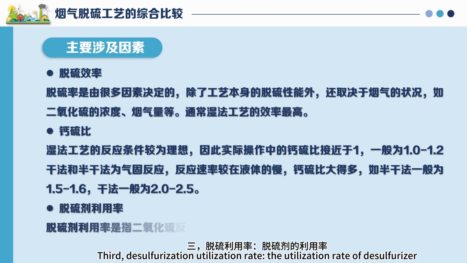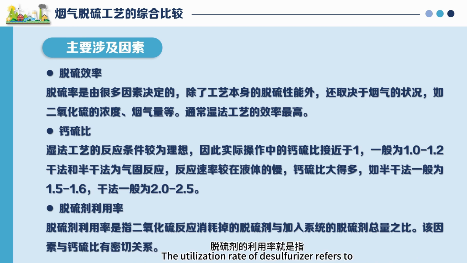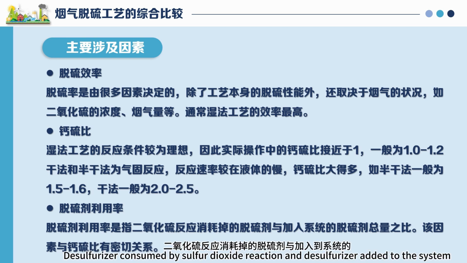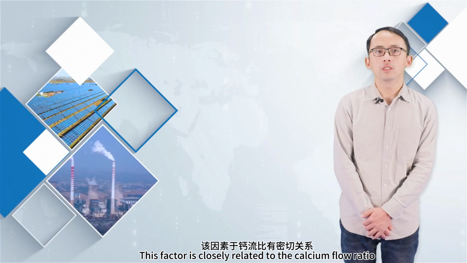Third, desulfurization utilization rate. The utilization rate of desulfurizer refers to the ratio of desulfurizer consumed by sulfur dioxide reaction to the total desulfurizer added to the system. This factor is closely related to the calcium flow ratio.